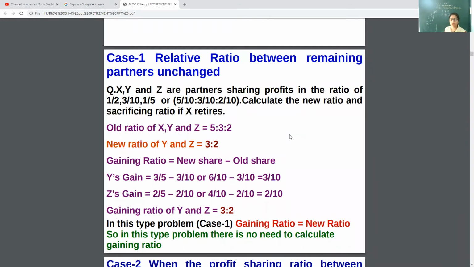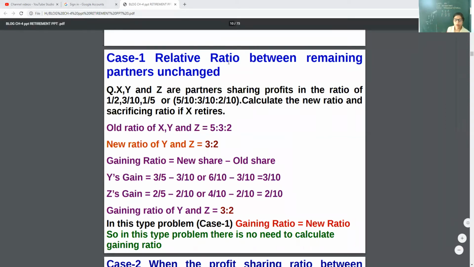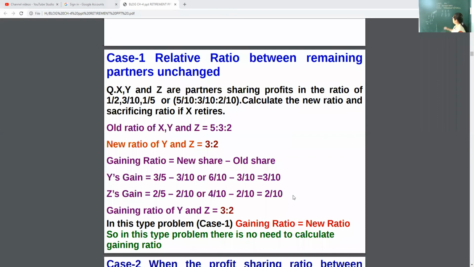Yes, this is the question on your screen. Now what to do? Take the LCM and make the denominator common. Divided by 2, 5, 3, 2. So now their ratio is 5, 3, 2.